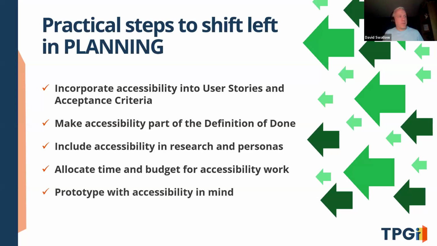And prototype with accessibility in mind. Focus on testing things like structure, interactions, and compatibility with screen readers, and gather early feedback on usability from people with disabilities and people who use assistive technologies to then inform further requirements.